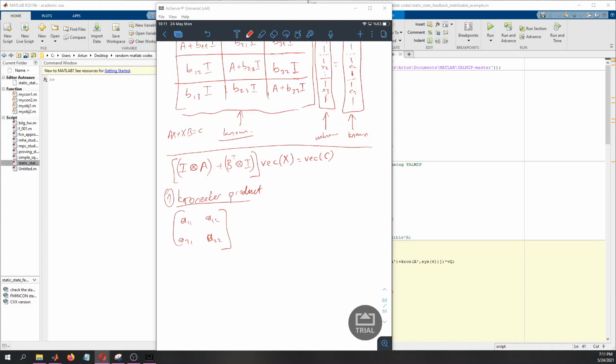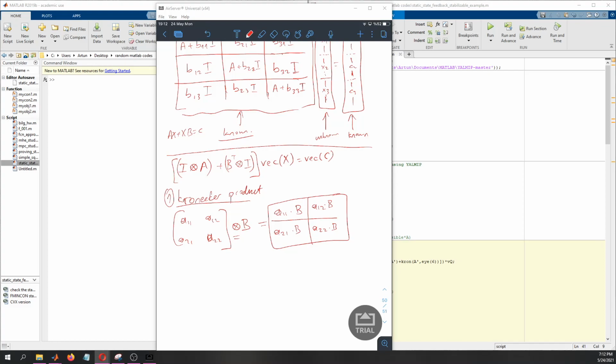Let me just write B, not B11 and so on. The Kronecker product is this: A11, which is a scalar, times B, A12 times B, A21 times B, A22 times B. So we just dilated the A matrix, and the pointwise multiplication operation will result in this Kronecker product.